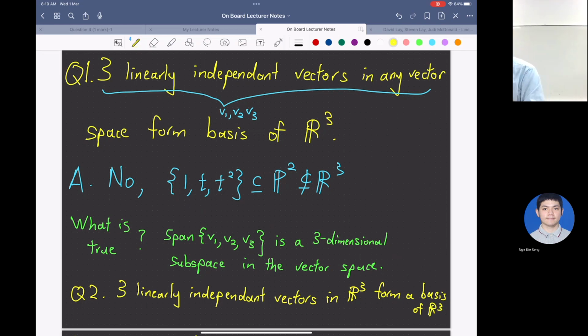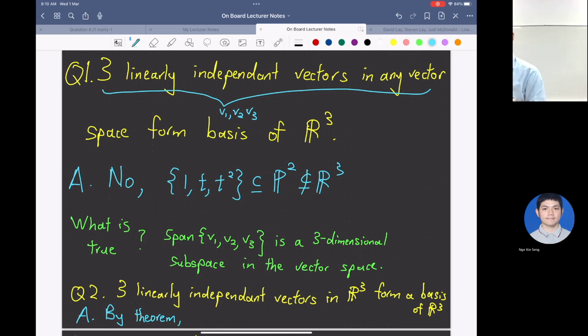Yeah. So this is by the theorem in class, where if we take n linearly independent vectors in an n-dimensional vector space, then they form a basis.